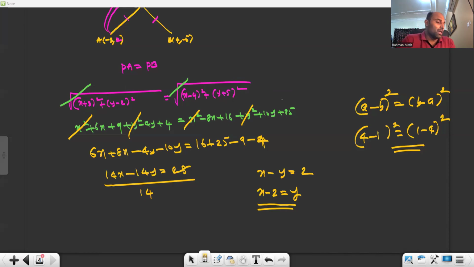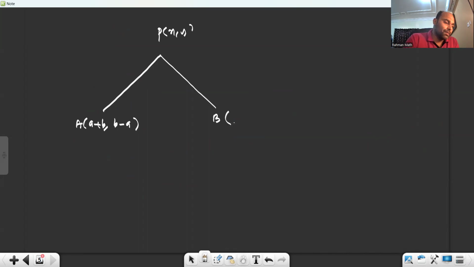Question number 10. Read the question. P(x, y) is again equidistant from the points A(a plus b, b minus a) and B(a minus b, a plus b).